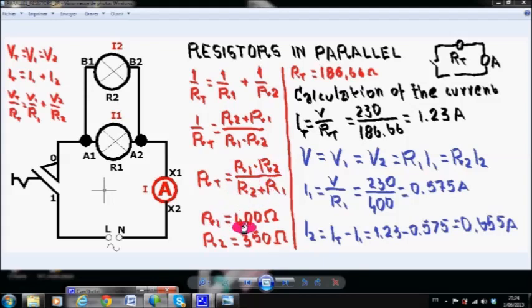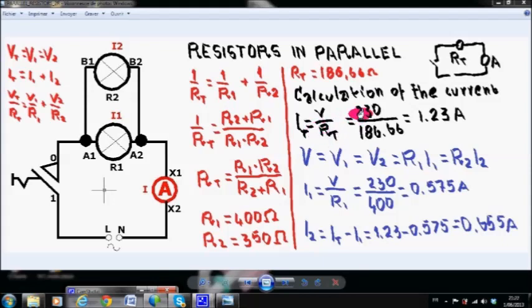If you have R1 equal to 400 and R2 equal to 350 ohms, we get RT equal to 186.66 ohms. So for the calculation of the current that flows through our circuit, the total current is the total voltage divided by the total resistance.